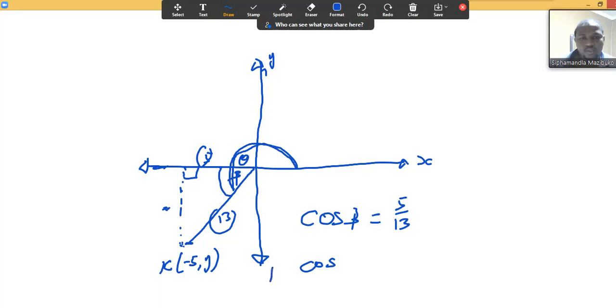So beta is equal to inverse cos of 5 over 13. Then we're looking at our answer. So this will be shift cos 5 divided by 13.